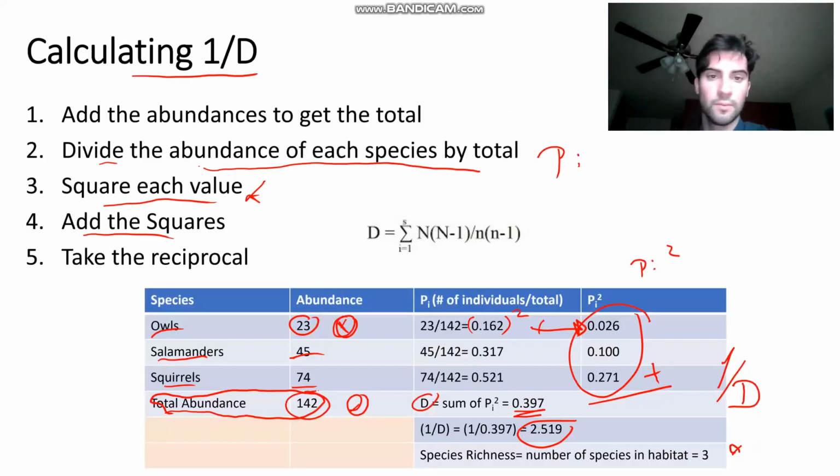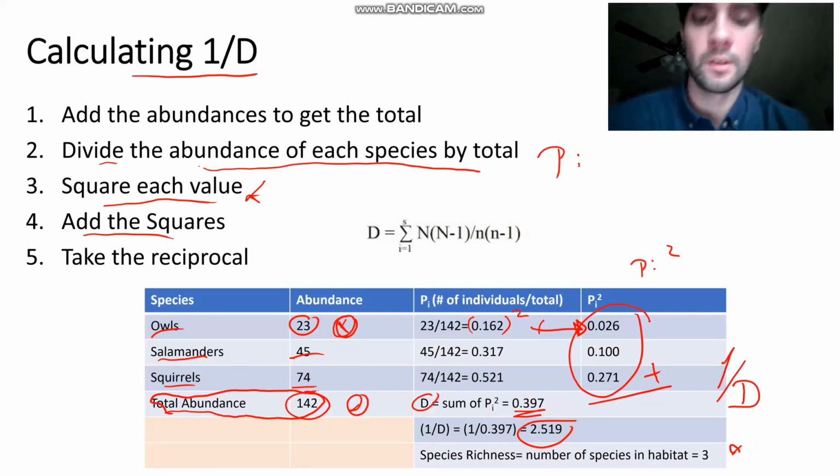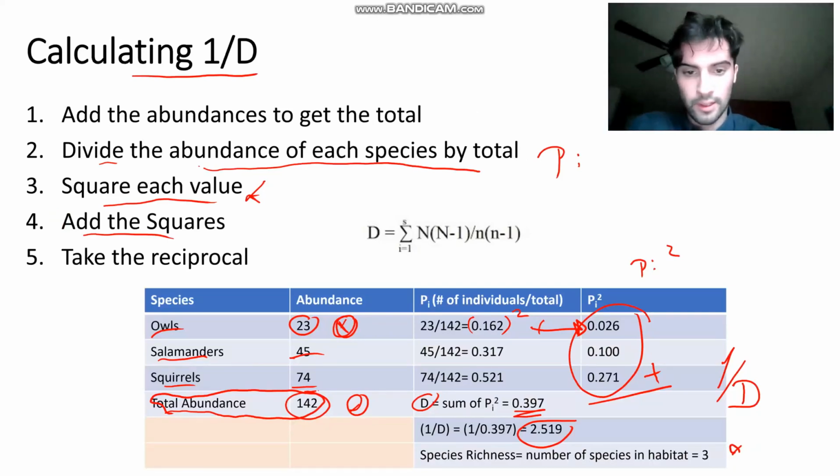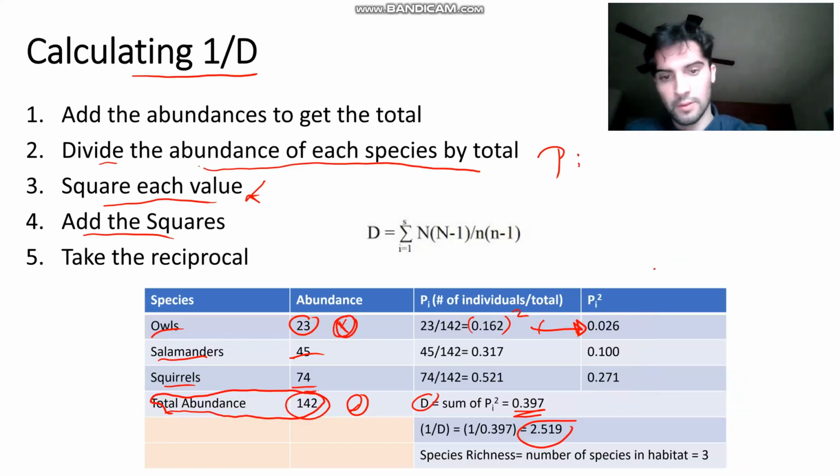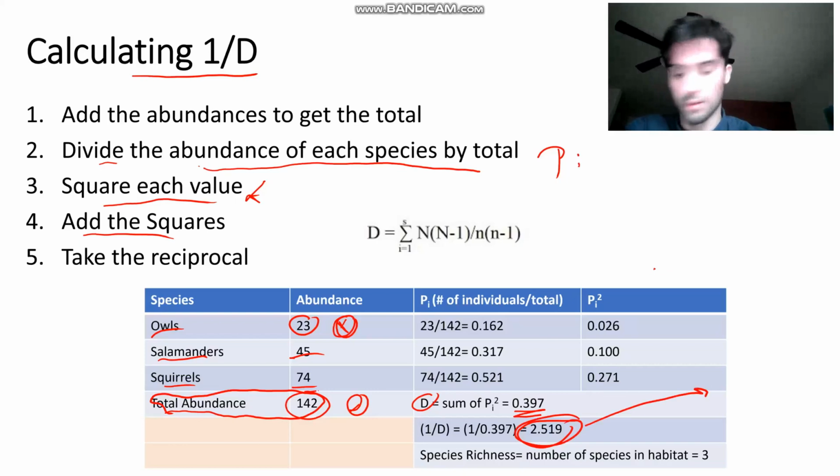Okay, so this is the reciprocal Simpson index, and the minimum is 1, and the maximum would be the number of species, the species richness of a habitat. So in this case we have 3 species, 1, 2, 3, so it can go from 1 to 3.